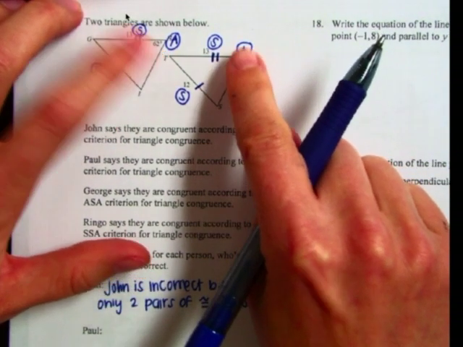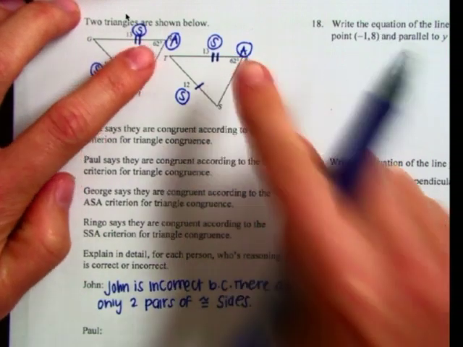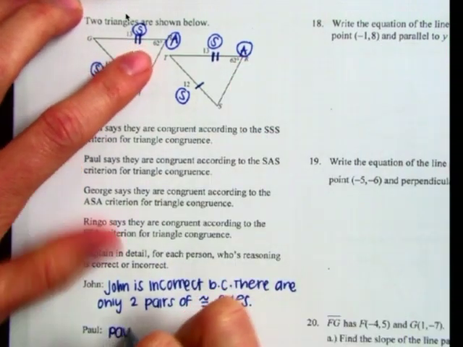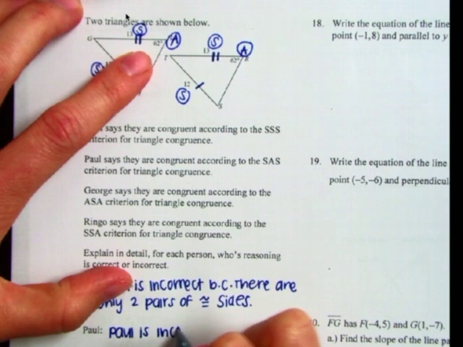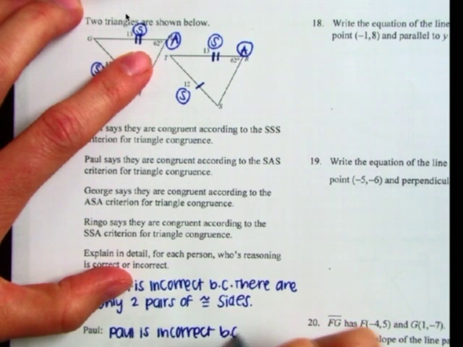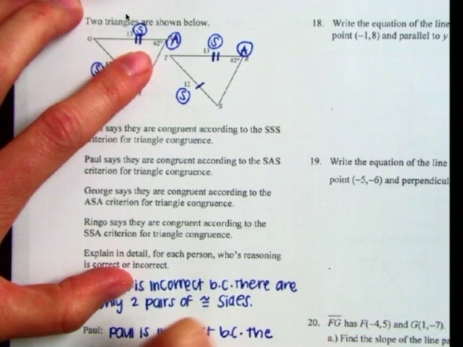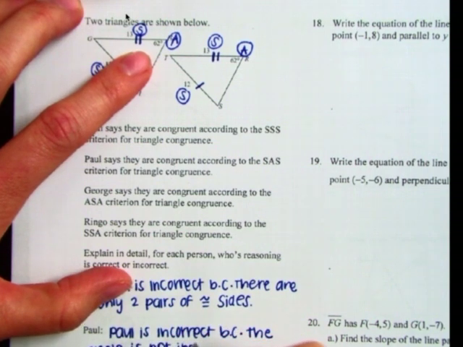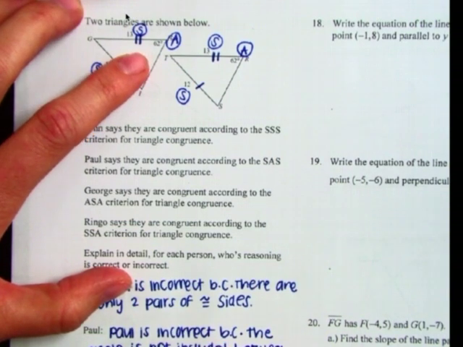Okay, so Paul is not correct because the angle is not included between the pairs of congruent sides.